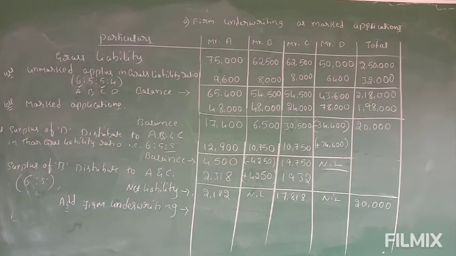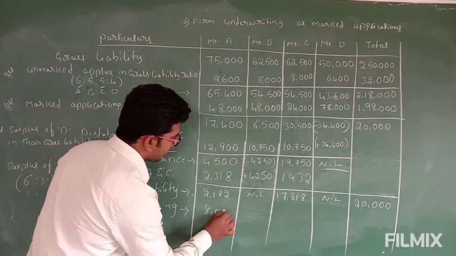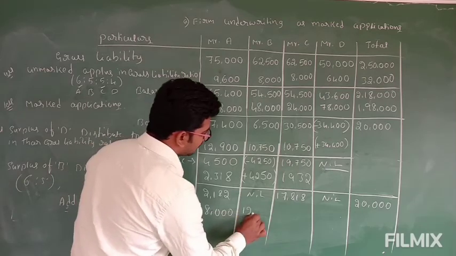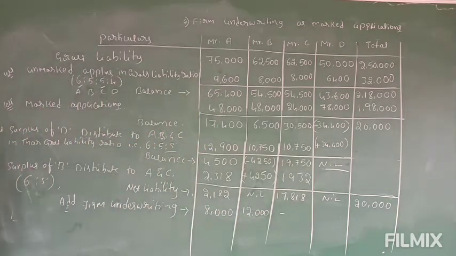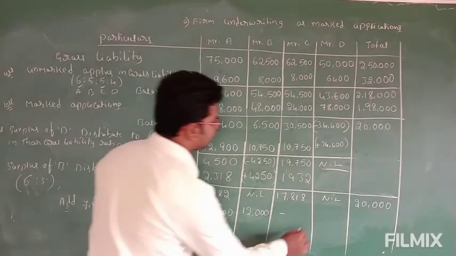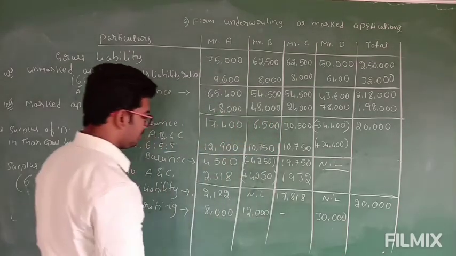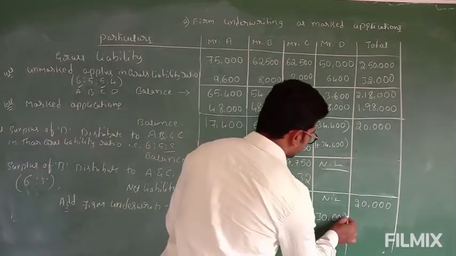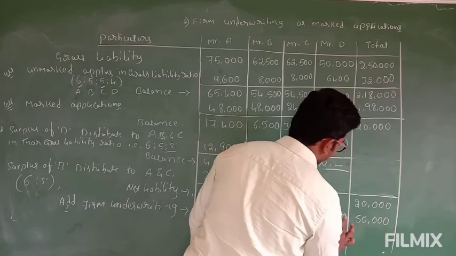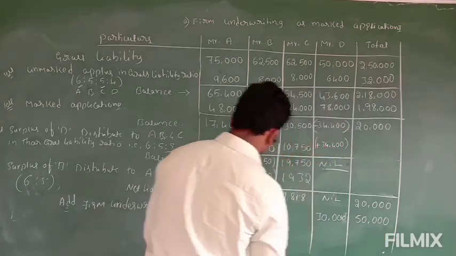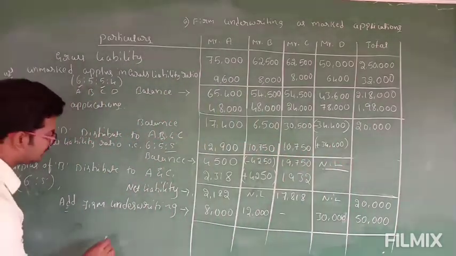Firm underwriting of A 8,000, B 12,000, C nil, and D is 30,000. So total 50,000. So we'll get the final answer.